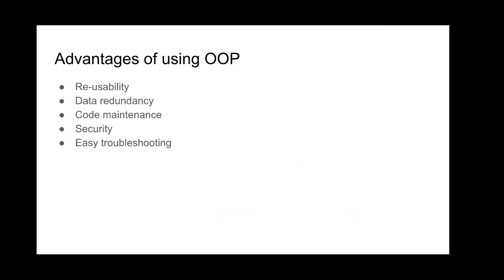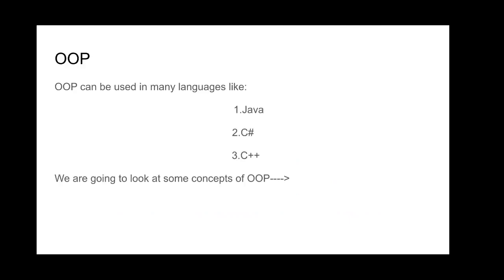It is way easier to find errors and fix them as you would be now looking where to find them more conveniently. OOP can be used in multiple languages like, for example, Java, C#, C++. So let's take a look at the OOP concepts.